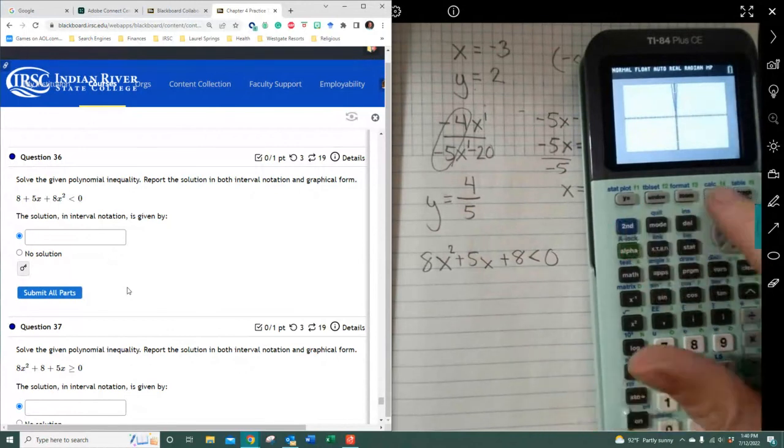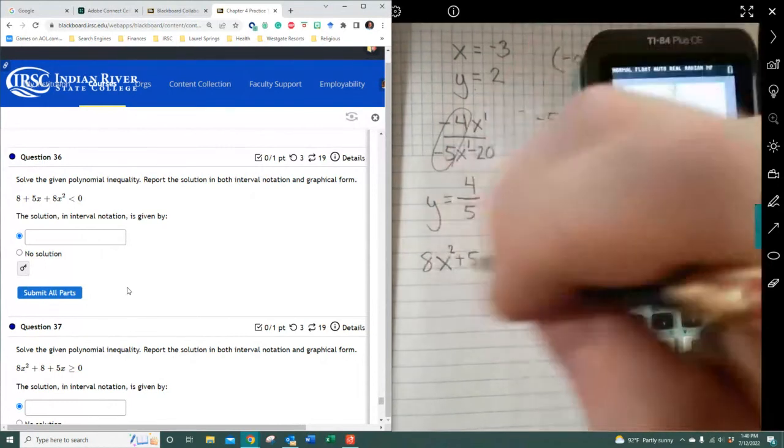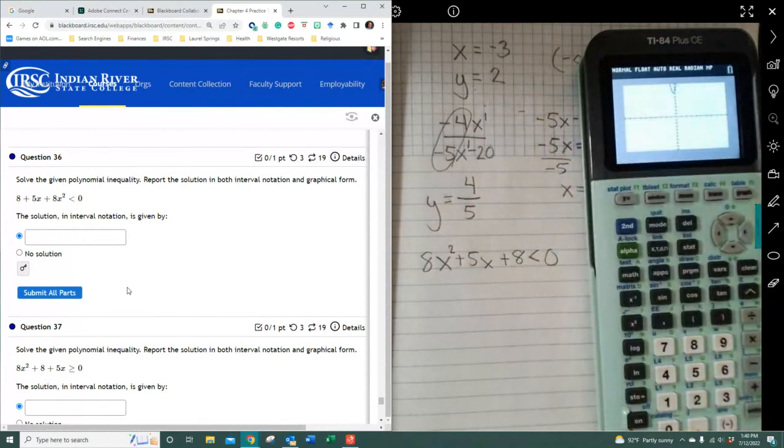Let's go ahead and do zoom standard. The graph never comes across the x-axis. So this says, where is this graph less than 0? Does not exist. There's no solution. All right, that's the answer.